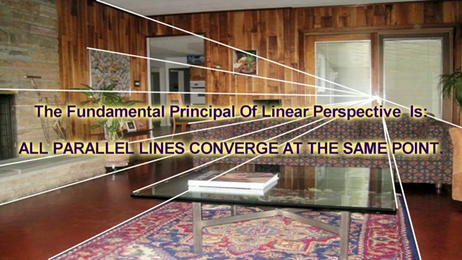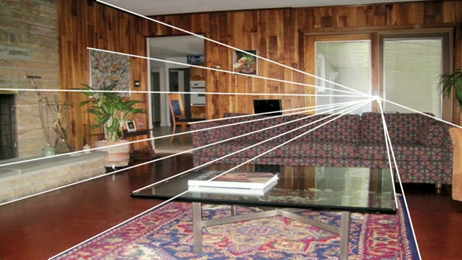The fundamental principle of linear perspective is that all parallel lines converge at the same point. That is something you have to accept. You have to get it into your soul, because once you've done that, you find perspective easy.